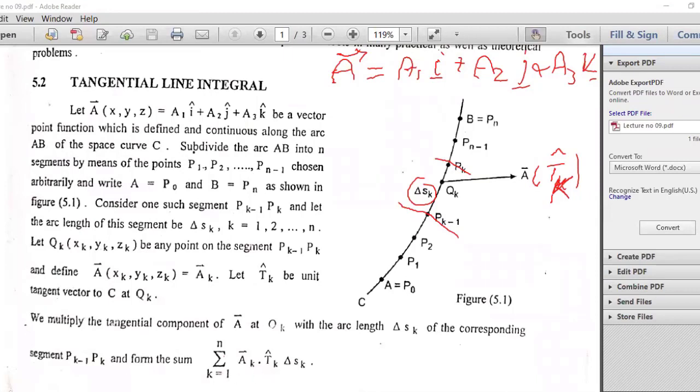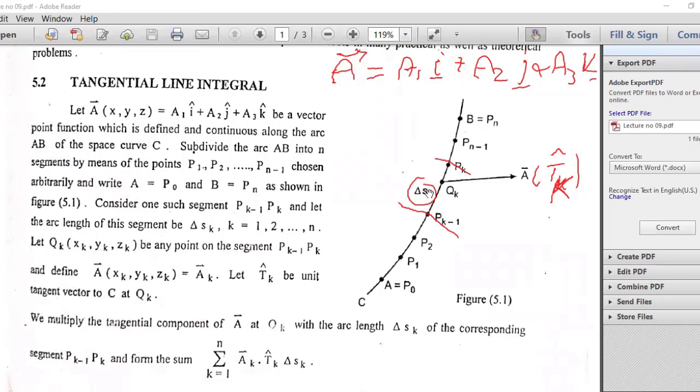We write only the summation. First is vector Ak, multiplied by its unit tangent vector and the arc length.